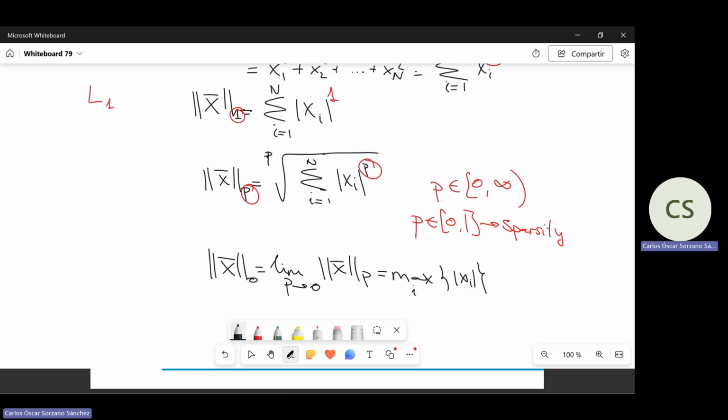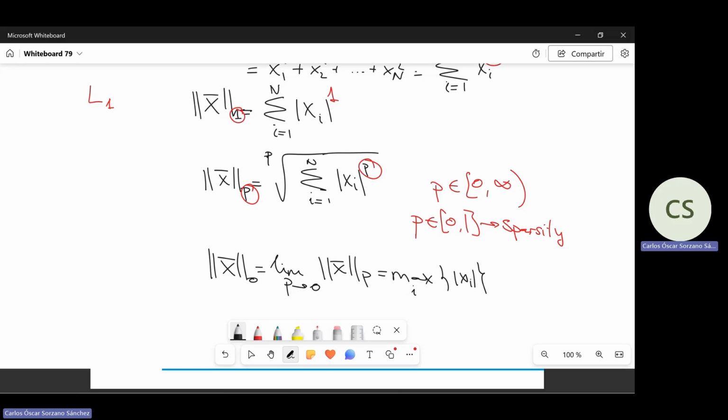So you see this x_i, that is the component i of the vector x. You take it in absolute value, and you take the maximum. The reason is that if you consider this sum, only the maximum survives. So when p goes to infinity, only the maximum survives this sum. All the rest tend to go to 0.